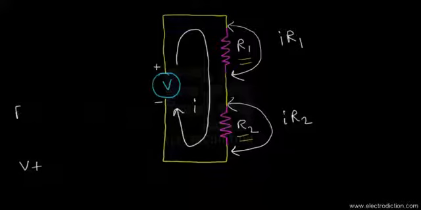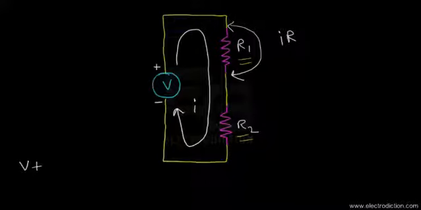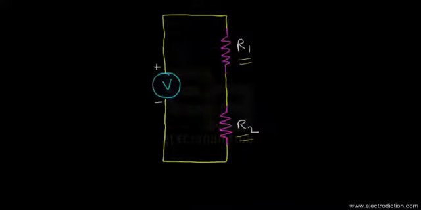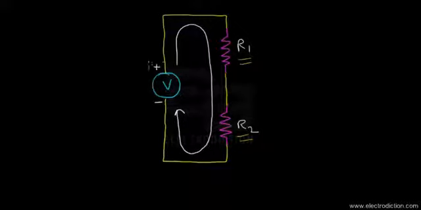So if we take a good look at this circuit once again, we are going to have a current flowing from the positive terminal of this voltage source, circulating about this network, and entering the negative terminal of this voltage source.